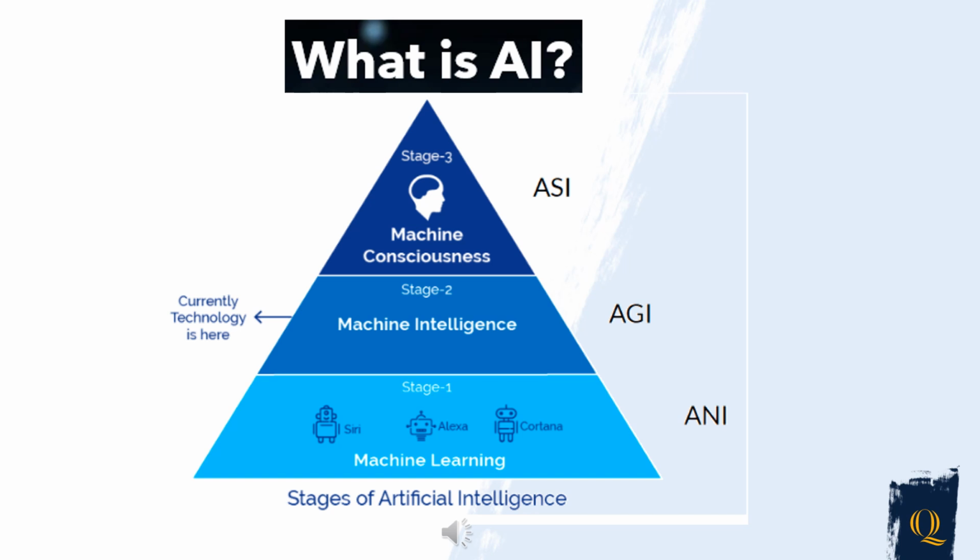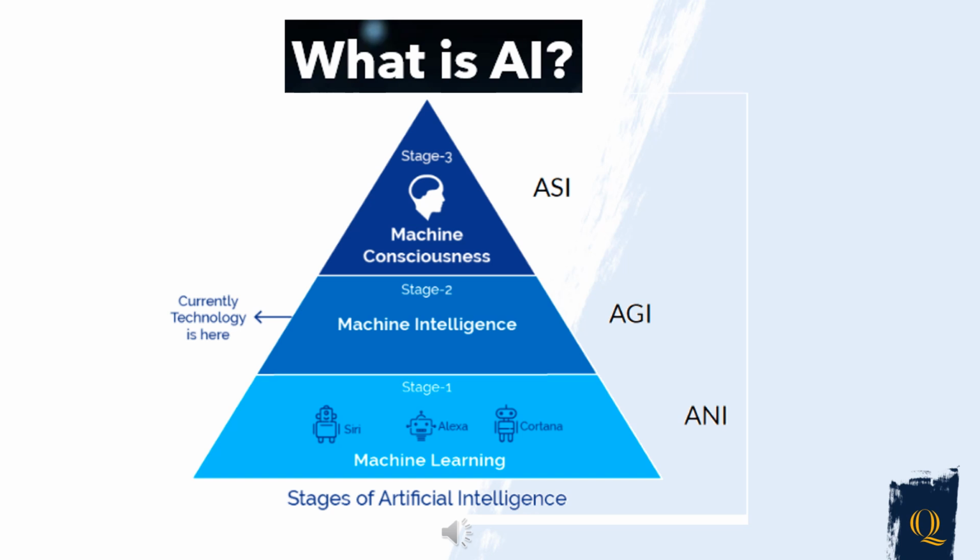At the top of the pyramid is step 3, machine consciousness, I can't pronounce that word, also known as ASI or artificial superintelligence. This step envisions AI systems that surpass human intelligence in every aspect, including creativity, problem solving, and even emotional intelligence.